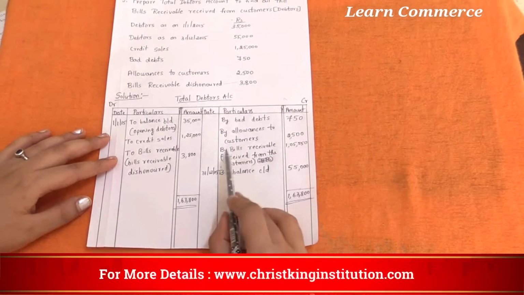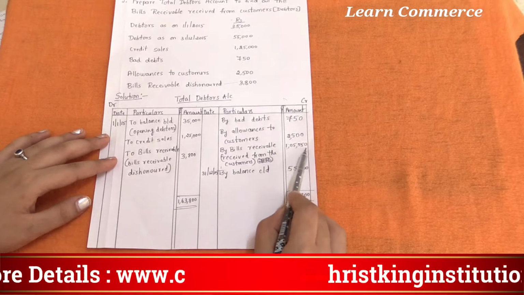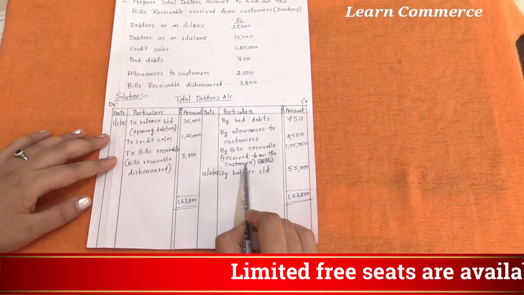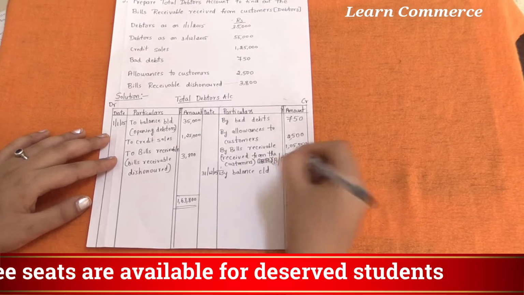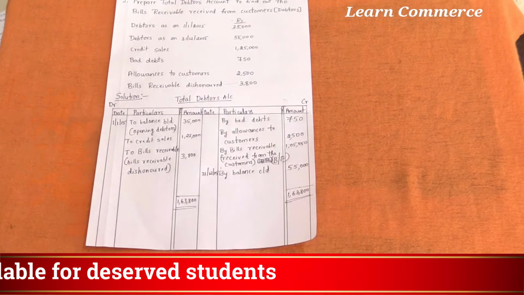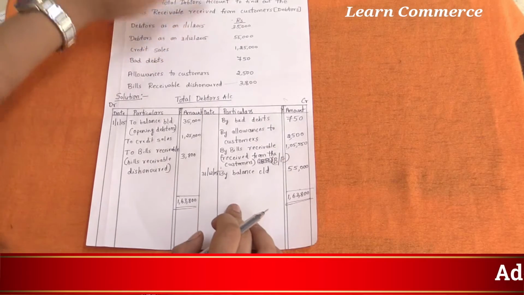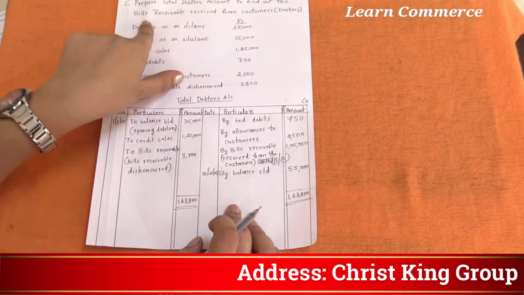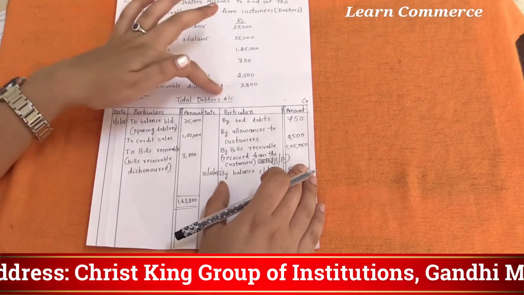Understood, right? So by bills receivable 1,05,550. This will be nothing but the balancing figure. And wherever they ask to find out the bills receivable received from the customers, this item always comes on the credit side in a total debtors account.